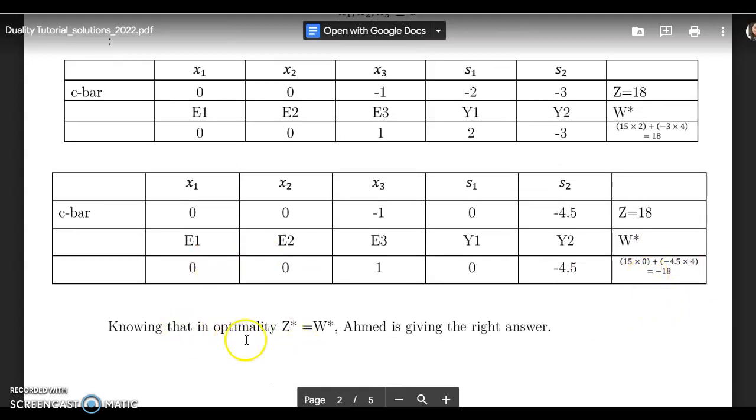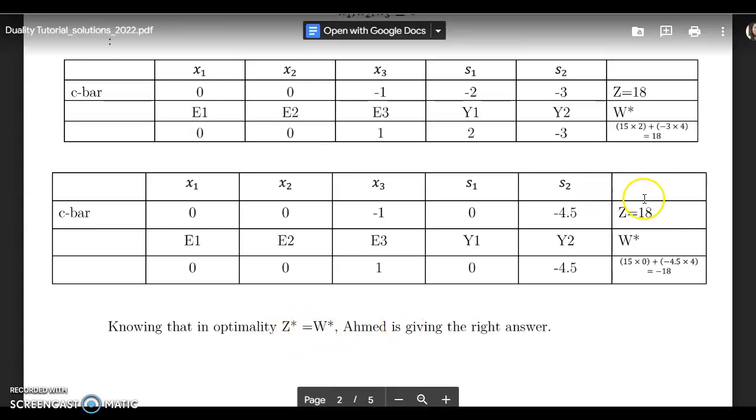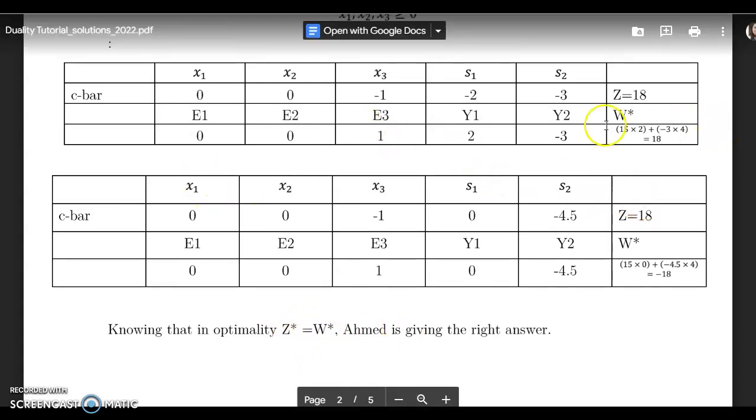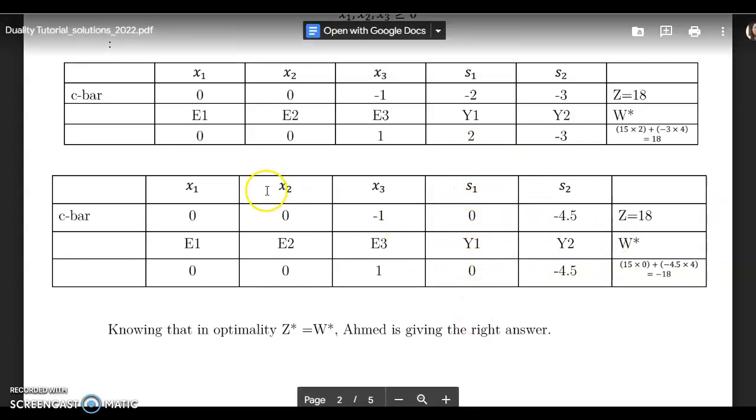So we can say here that at optimality, Z star equals W star, which means that Ahmed is the student who is giving the right answer with a Z value of 18. However, Fatma did not realize that the second constraint is not in the canonical form. She should have inverted the signs to be able to get the same optimal solution and the correct final answer.